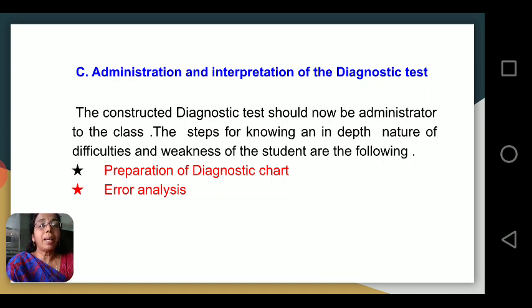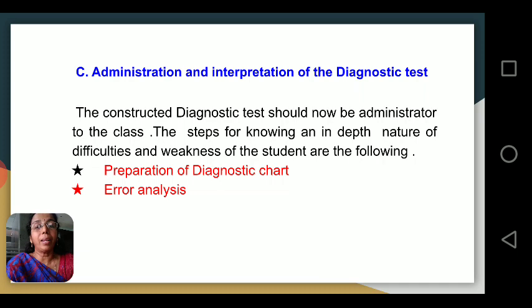And by analyzing this chart, you can identify which questions are responded to wrongly by the learners and which students answered the diagnostic test badly.